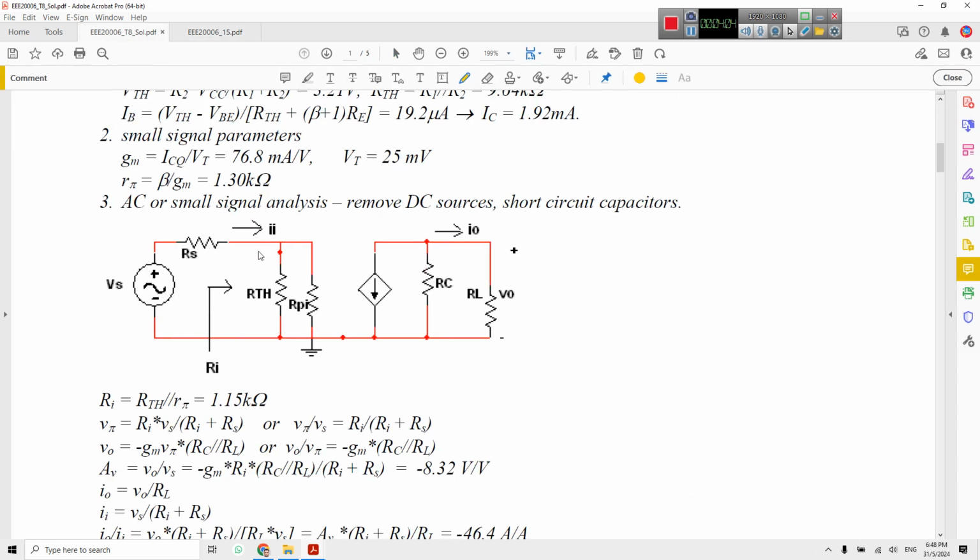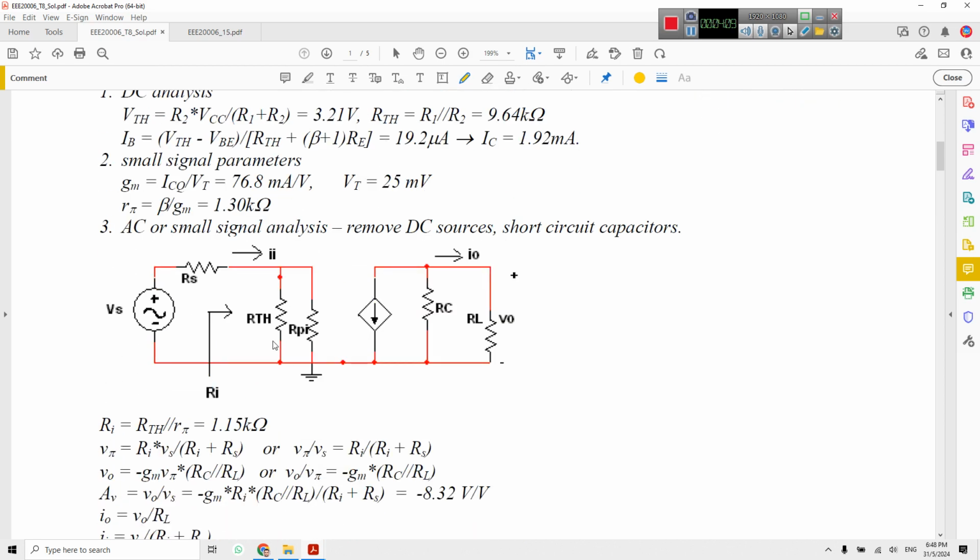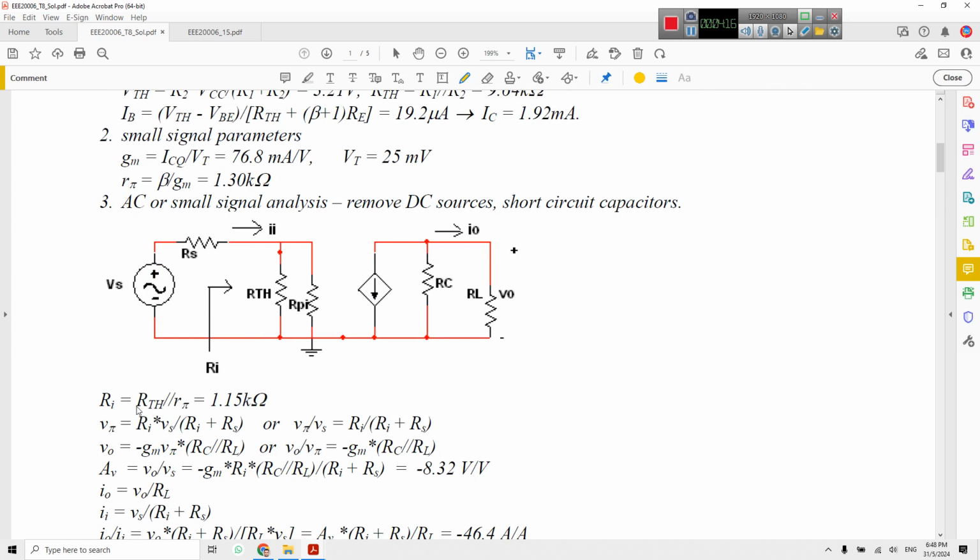Then from this view, when we replace VS, RS, R pi and R Thevenin connected in parallel, you can see here Ri, considered from this point, is R pi and R Thevenin in parallel. So V pi, which is the voltage across this, is Ri times Vs over Ri plus Rs.